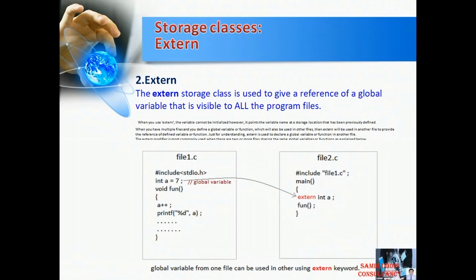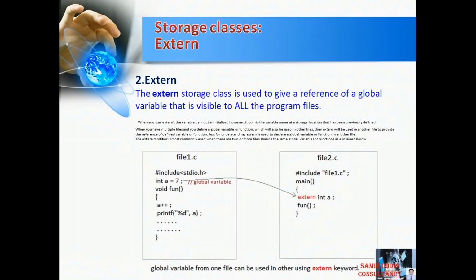Suppose you have multiple files and you define a global variable or a function which will be used in another file also. Then the external keyword will be used in the other file to give the reference of the defined variable in your first file.